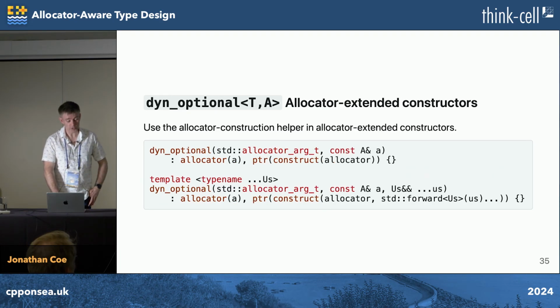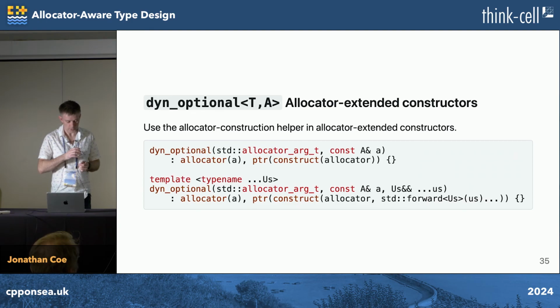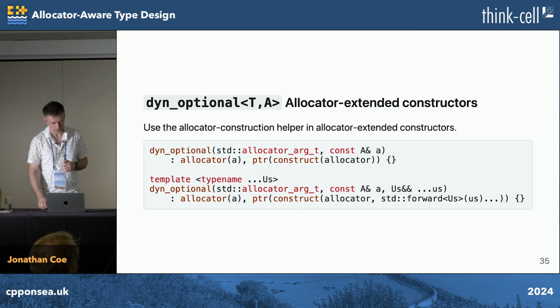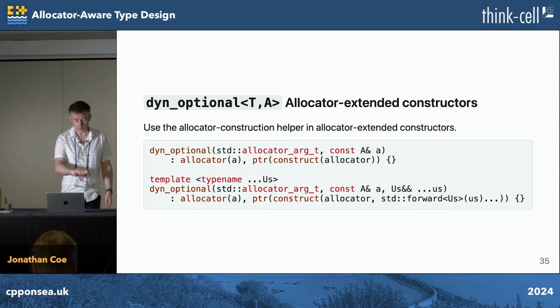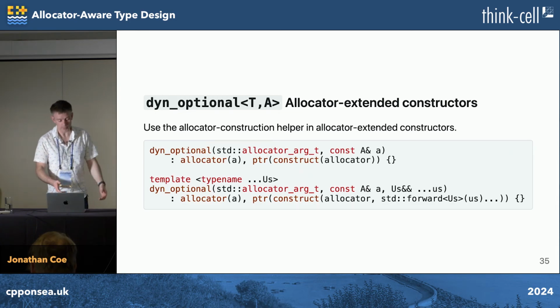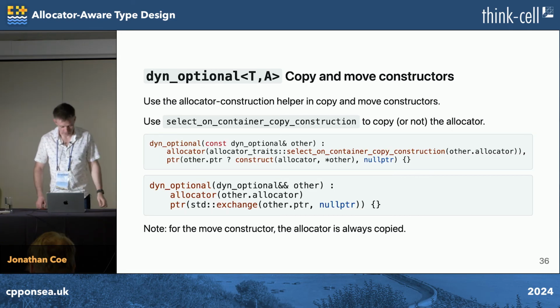And the allocator extended constructors look much the same, but we're now passing in the allocator to the member data allocator to construct that before we use that to construct the object. And again, this is the same mistake made twice. So the default constructor shouldn't be doing anything with pointer. Pointer should be null, but the forwarding constructor is fine. It's all much clearer when it's bigger. It's a shame. I need a bigger monitor at home.